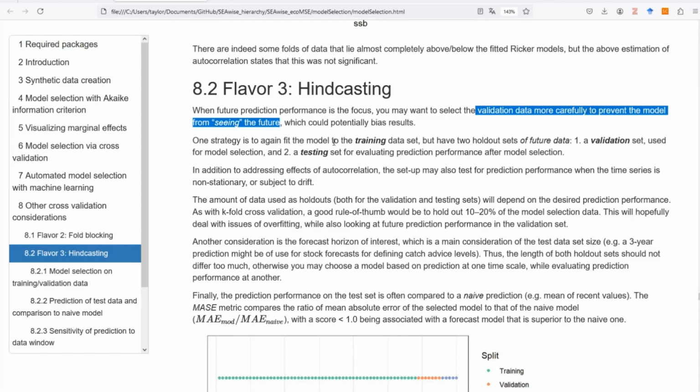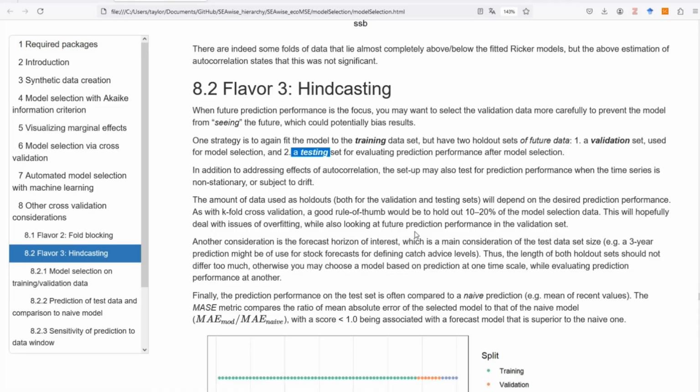So this strategy could be that you have a training set as before, but you have two different types of holdout information. You have a validation set, which is like our folds from before, but you have a second holdout, which is the testing holdout. This might be the most recent data period. You're going to fit your model to everything but the most recent data and decide which model is the best for that training and validation period.